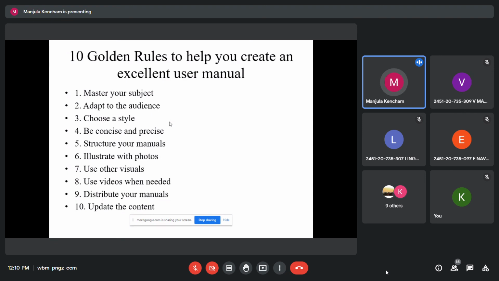Illustrate properly with photographs, diagrams, and other visuals. You may take pictures, you may draw schematically, you may break down the entire product into its component parts and explain each and every part, because as we saw in the previous slides, you have the part section and the sequence section.